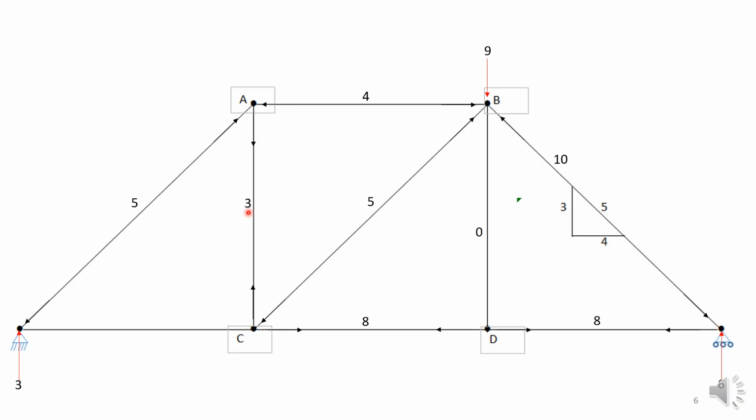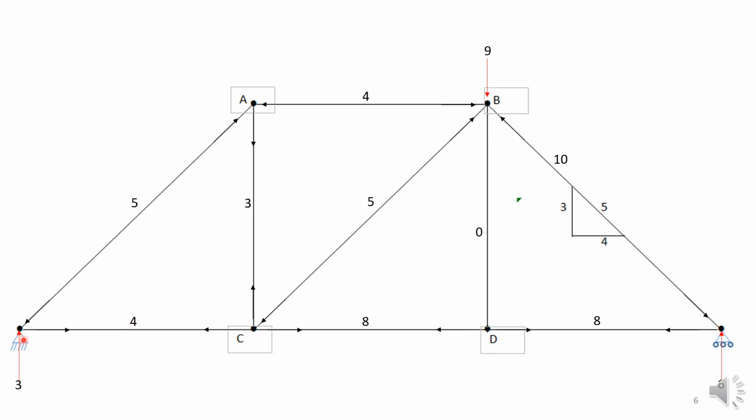Now we can look at the joint C. We look at the horizontal components. To balance the horizontal components from this force of 5 and this force of 8, you need a horizontal tensile force in this horizontal member of 4 units.